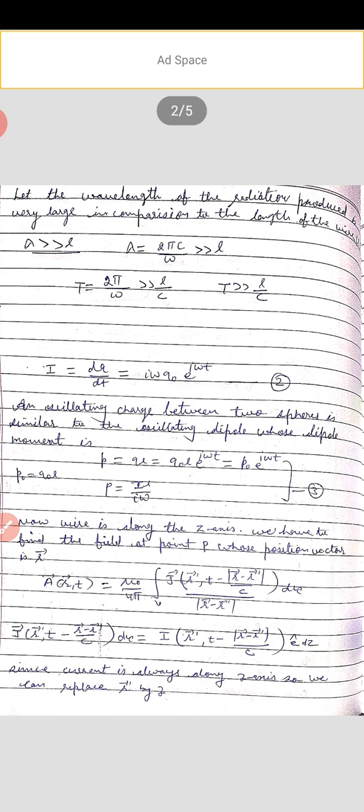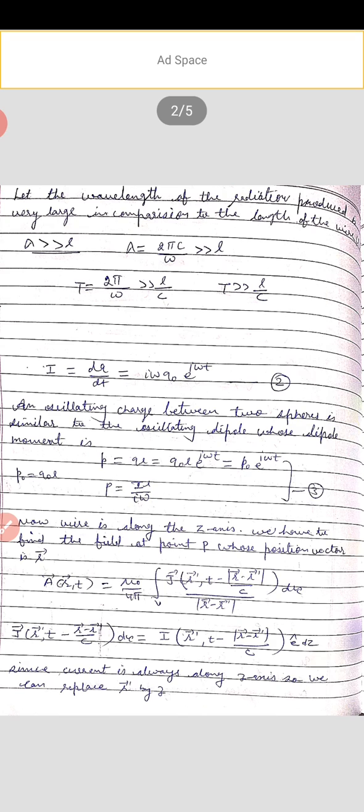And if we differentiate equation first with respect to time t, then we get I is equal to dq by dt is equal to iota omega q naught e power iota omega t. An oscillating charge between two spheres is similar to an oscillating dipole, whose dipole moment is given by P is equal to Q into L, that means charge into length of the dipole.